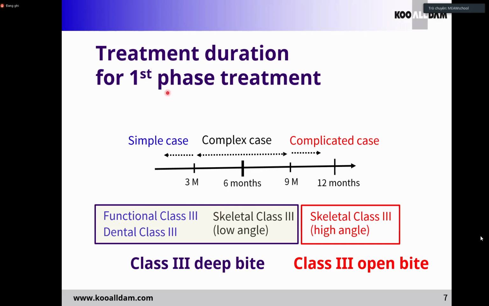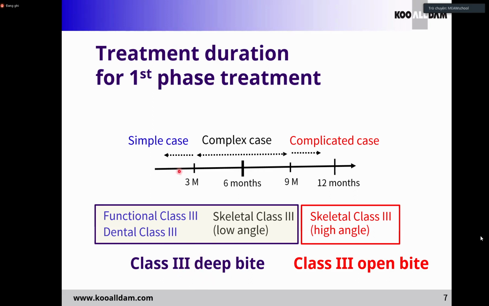These are treatment durations for first phase treatment. Especially in class 3 deep bite. This is class 3 open bite. Which one is severe? Class 3 deep bite. However, the treatment complexity is lower.